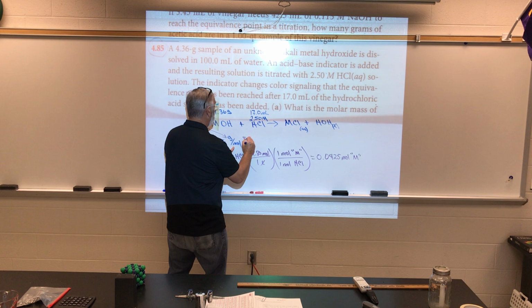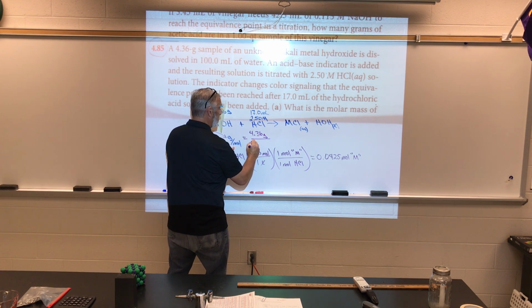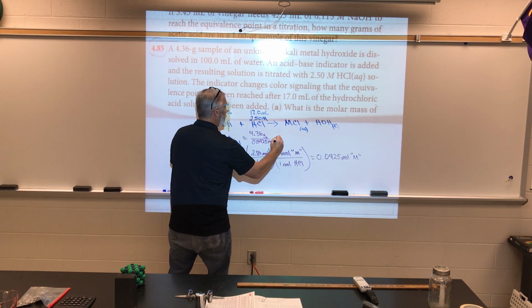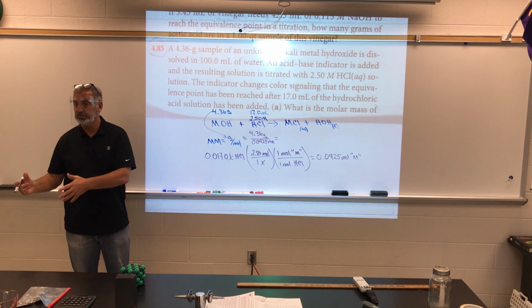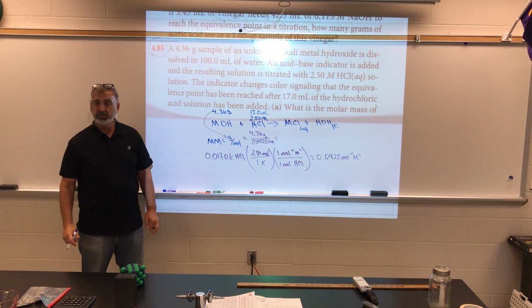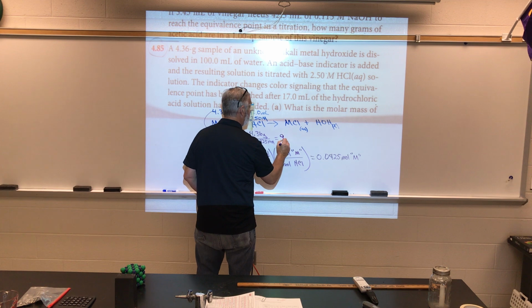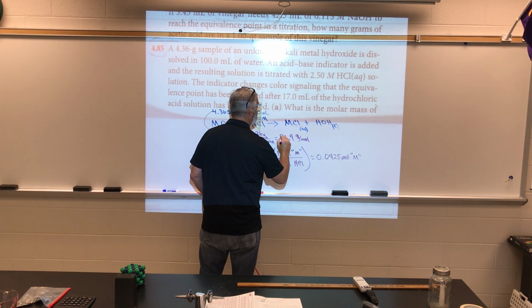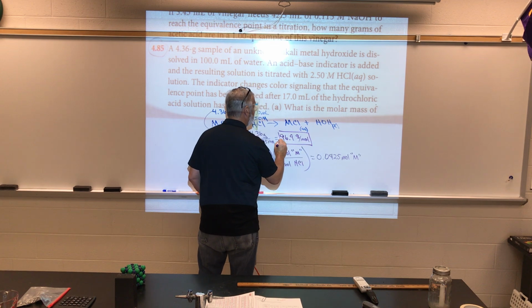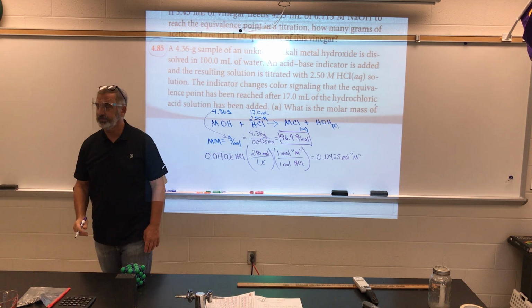So that's going to equal 4.36 grams divided by 0.0425 moles. And that's going to give you grams per 1 mole, 96.9 grams per mole.